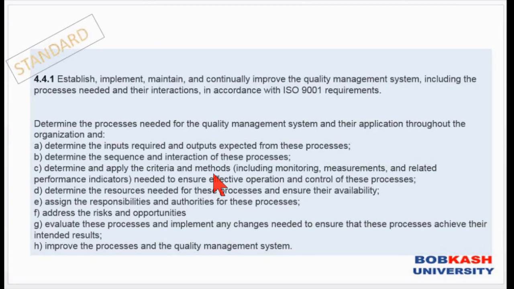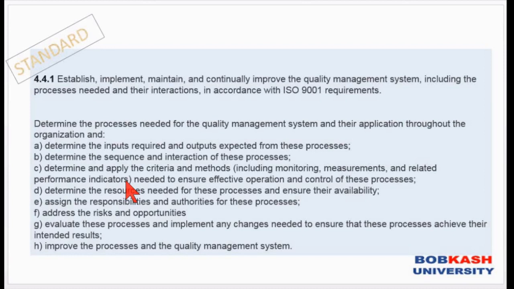That means you have to determine what method you are going to deploy to monitor and measure the performance of that process, and the related performance indicators, what mathematical indicator I am going to use to monitor and measure the performance of that process, right? So this will also be required in designing a process.